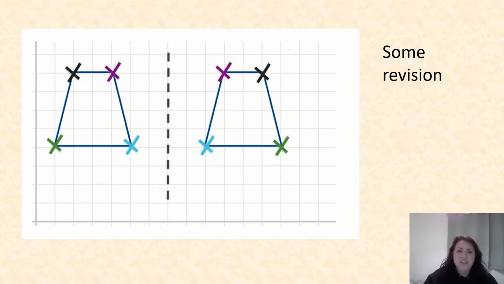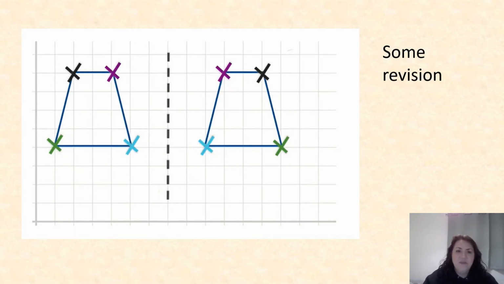But because the crosses are there, those colours give us a clue, because we've got purple there and purple there. And this purple is 1, 2, 3 away, and this purple is 1, 2, 3 away. So we can see rather than being translated, it's been reflected. If those coloured crosses weren't there, it could have been either, but those crosses have given it away. It's been reflected.